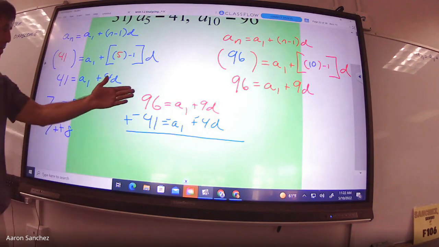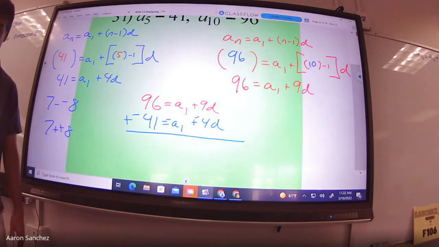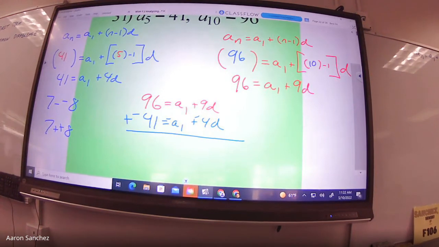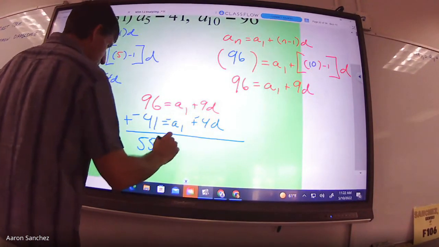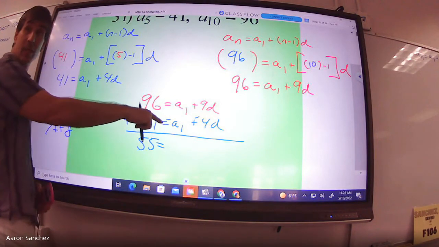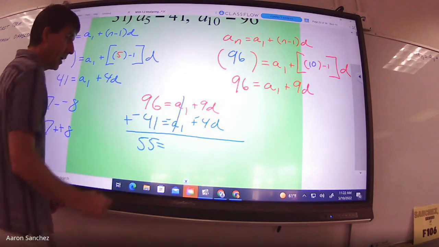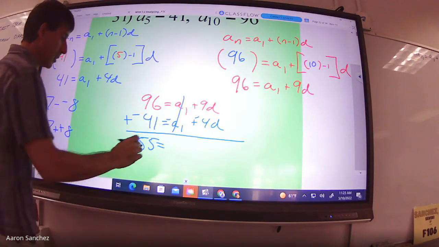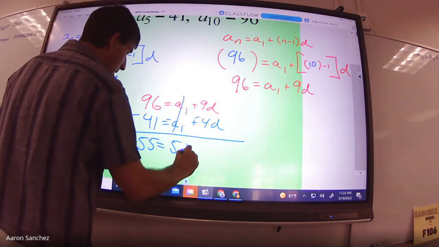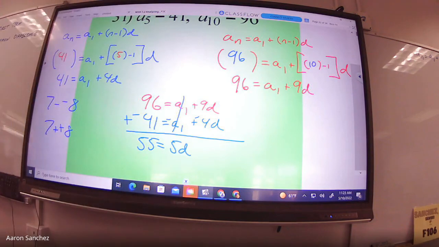Then I can just say, what's 96 minus 41? Is it 55? 55 equals, what's a sub 1 minus a sub 1? Zero. What is 9d minus 4d? 5d. How do you solve for d?